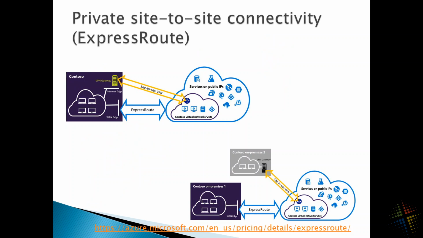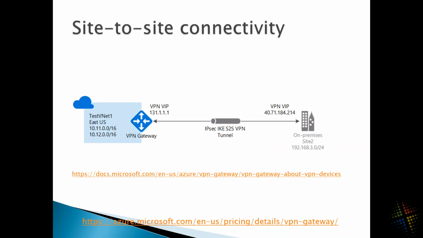The second option is, well, just like in traditional environments, it is a VPN. With a VPN, we could do what's called a site-to-site connection. There's actually 2 options here. Site-to-site is the first one. Out here we have Azure. And in Azure, we set up this VPN gateway.